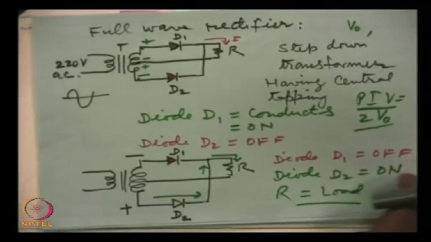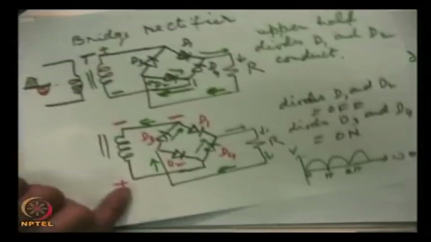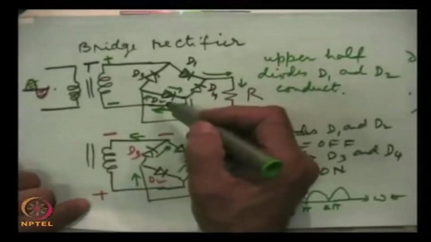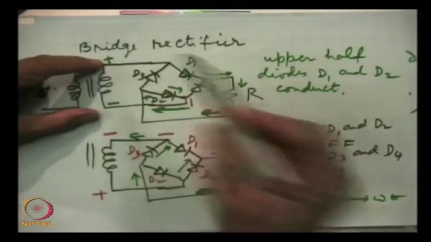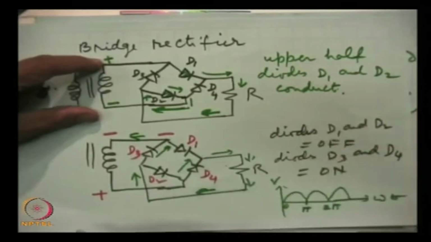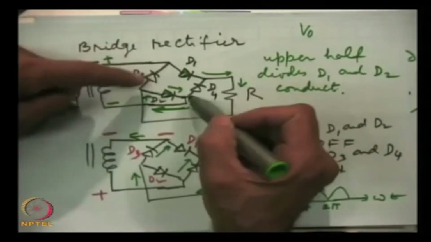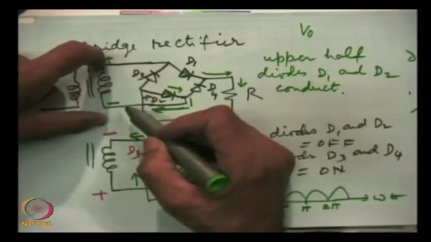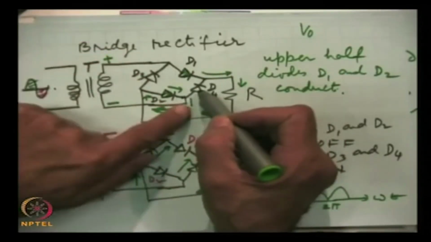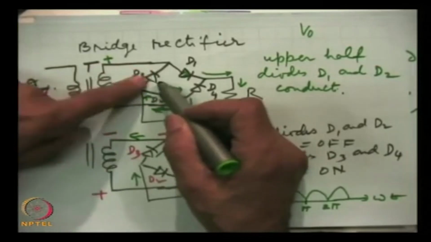But in the bridge rectifier we will see that the PIV is much lower. Whatever voltage we are getting, say V0, these two non-conducting diodes will share the reverse voltage. So, in this case half will drop across this, half will drop here.